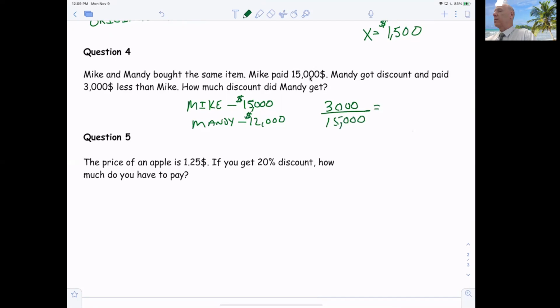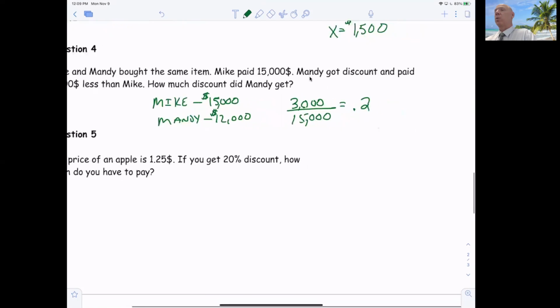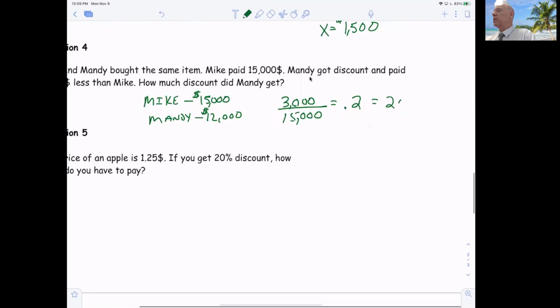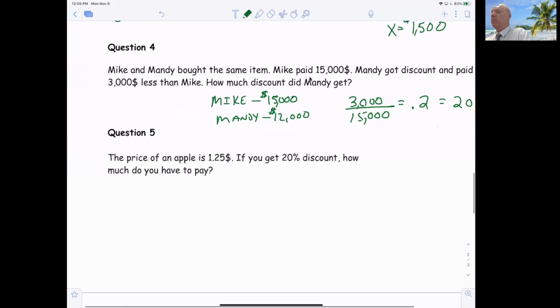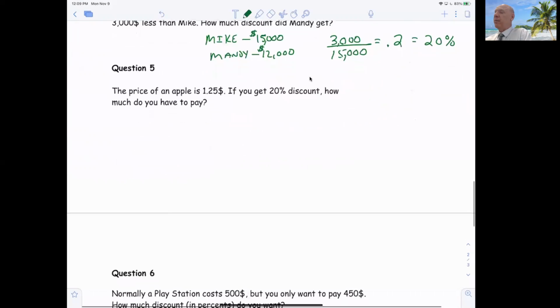And tell me what that is. 0.2, but that's not a percentage. So what percentage? Yay, that's 20%. Yep, that's good. You can just say 3,000 because that's the discount. 3,000 divided by 15,000. That's exactly correct. All right, Eddie, you're up. Number 5.